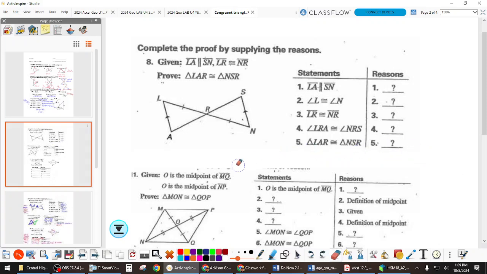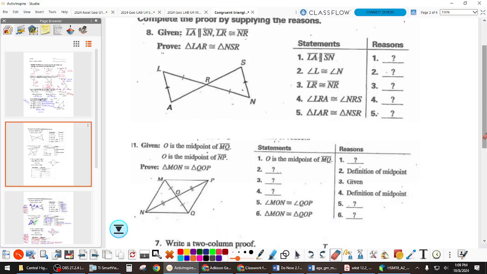So let's look through these and do them together as examples. So side length LA, what does that symbol mean? Parallel to, so this is given. And notice we have two givens. In this case, they're split. It's kind of weird.